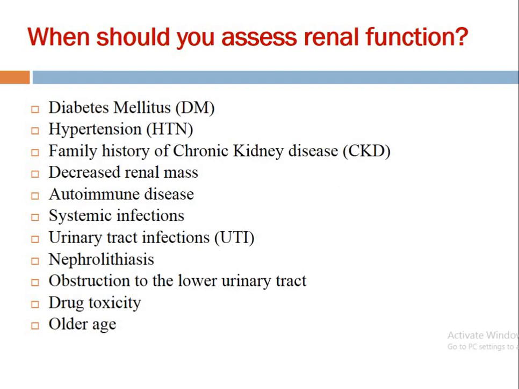So the entire tract is the urinary tract, and any infection of this tract is known as urinary tract infections. When these infections ascend to the kidney, these may affect the kidney tissue as well. So that's why you should assess the renal function test in such patients.